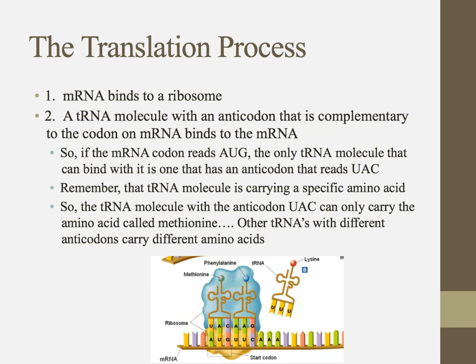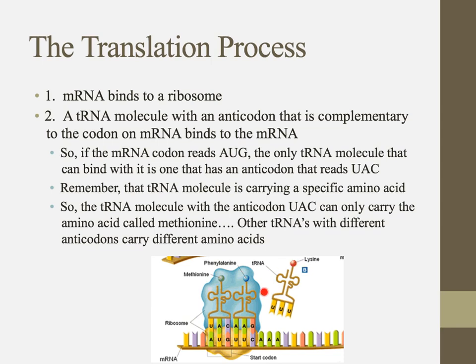So, for example, this next codon in the chain says AAA. What would be complementary to AAA? Well, I know in DNA we would think TTT, but RNA doesn't have T's, it has U's. So in this case, we're looking for a UUU anticodon. Okay?